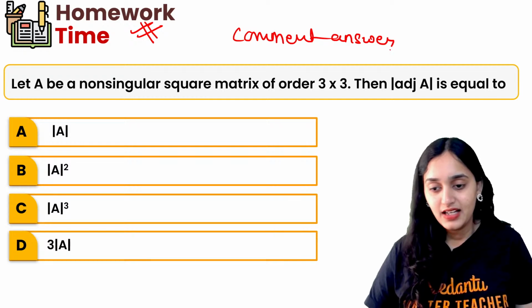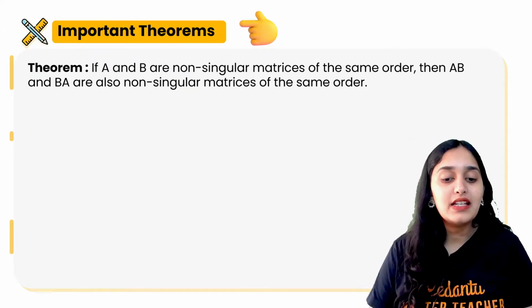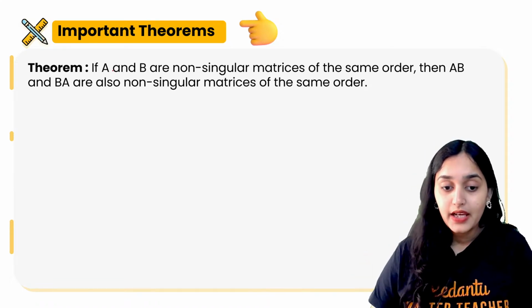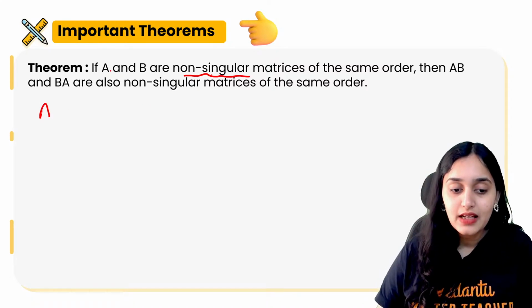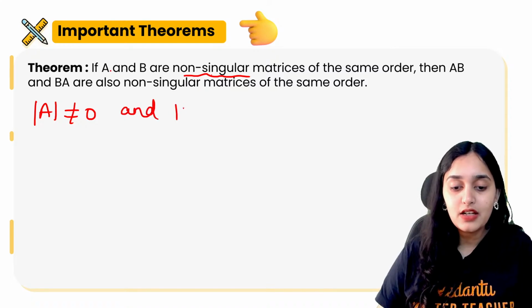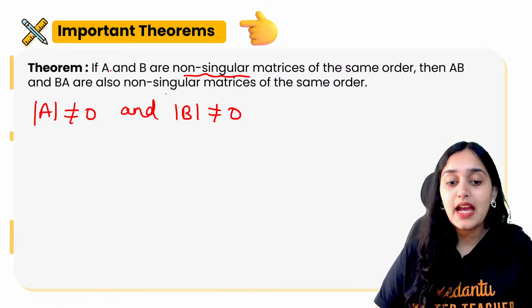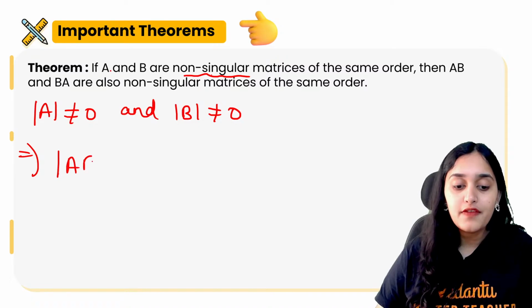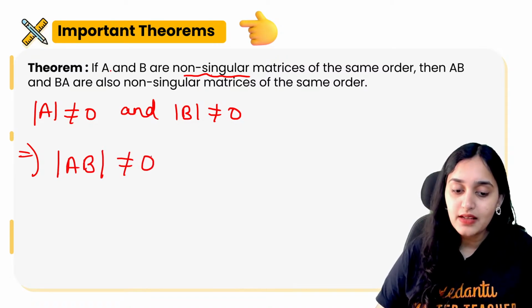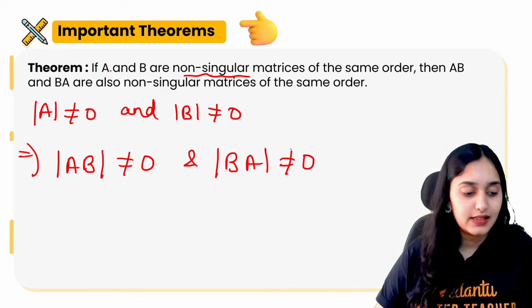Moving on to some important theorems of adjoint of a matrix. First of all, if A and B are non-singular matrices, meaning determinant of A is not equal to 0 and determinant of B is not equal to 0, then AB and BA are also non-singular matrices. This implies that determinant of A into B will not be 0 and determinant of B into A will not be 0.